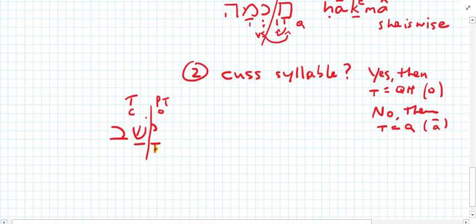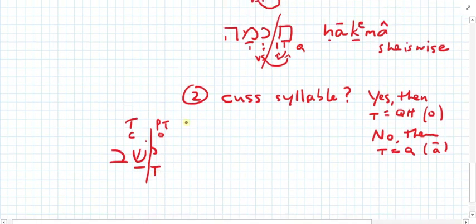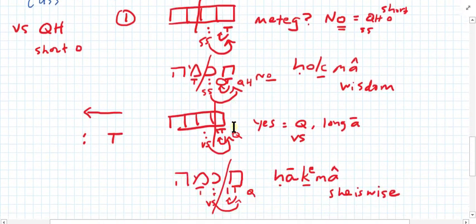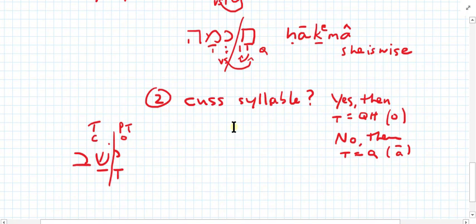There is no shava following this qames right here under the sheen, so I don't have to worry about the issue up here about whether there's a metheg or not. That's not going to help me. What I need to ask is: is this qames or qames-hatup in a qas syllable? What does qas stand for?